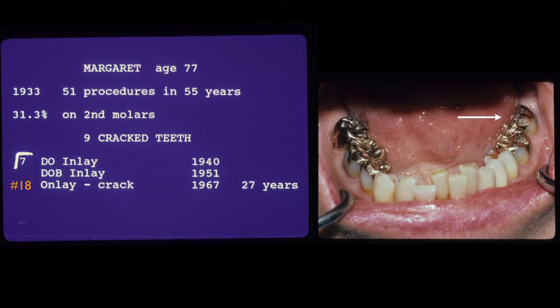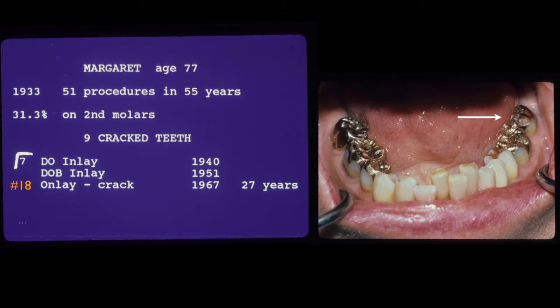Number 18 had a DO inlay in 1940. It became a DOB inlay in 1951, and the tooth cracked in 1967, or 27 years after the original restoration. In the photo on the right, that is the onlay which was made in 1967 as of 1988.